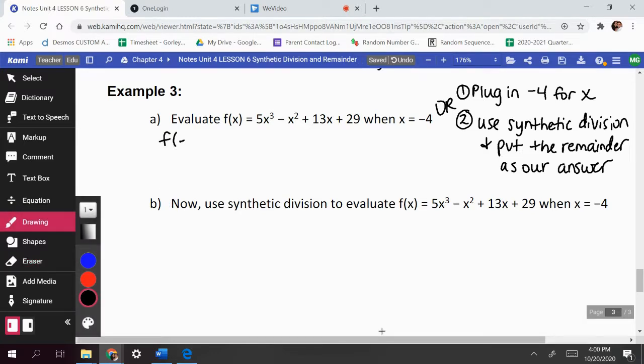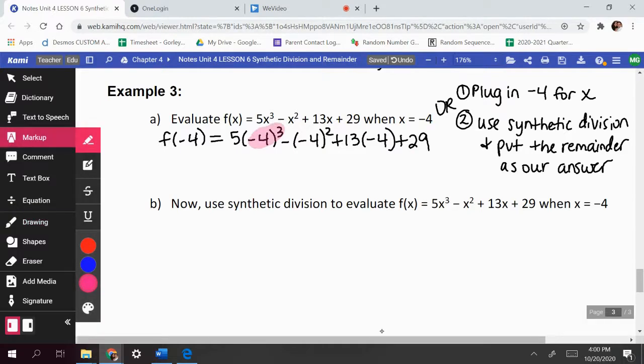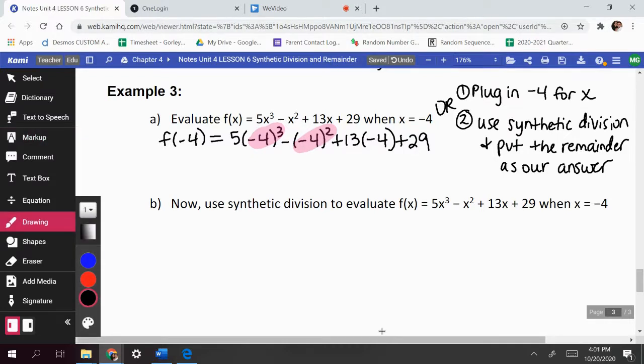So I'm going to do f of -4. So I'd have 5 times -4 cubed minus -4 squared plus 13 times negative 4 plus 29. Okay, remember we want to take care of those exponents first. So I'm going to do the negative 4 cubed and the negative 4 squared before touching anything else. We'll get that f of negative 4 is equal to 5 times, let's see, negative 4 times negative 4 is a positive 16.